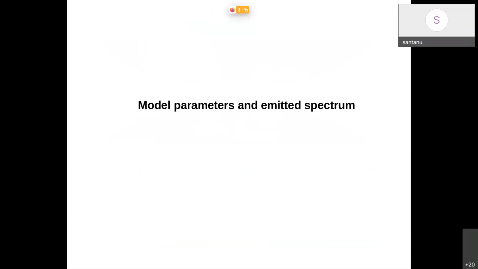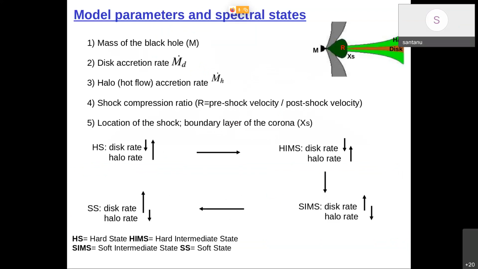So now in our model we will see what the model parameters are and how the spectrum looks. So yeah, this is basically the geometry. I put this figure here in short so that you can remember it every time. For the disk, we need the disk accretion rate.